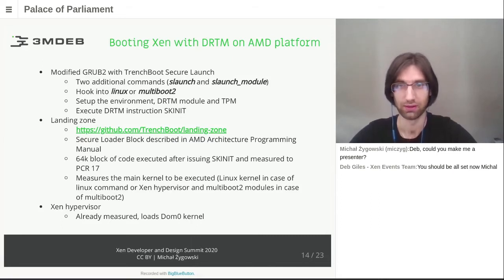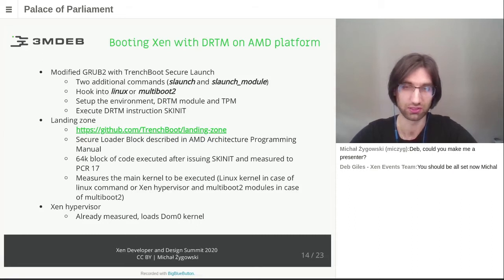So if these two commands are present in our GRUB configuration file, it hooks into the Linux or multiboot 2 boot protocols to set up the environment, the DRTM module, and the TPM, and then executes the security instruction for the given architecture. For the AMD case, it is the SKINIT instruction. And then the boot process is handed over to the landing zone.